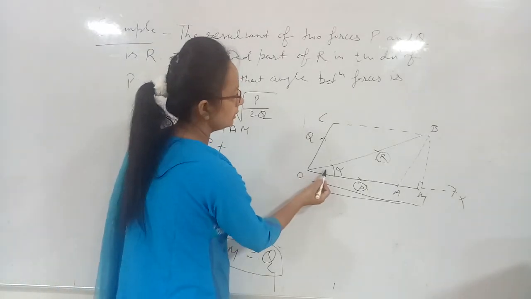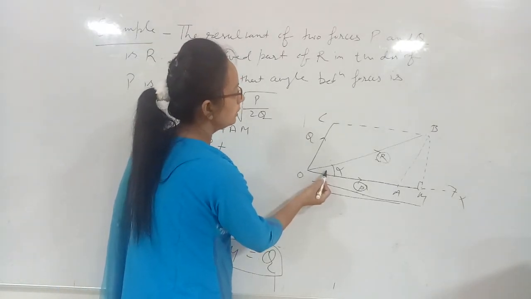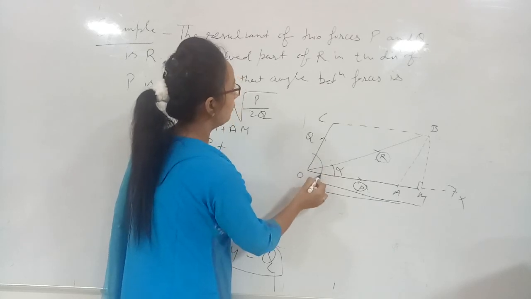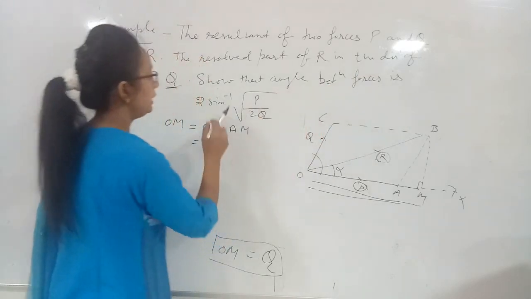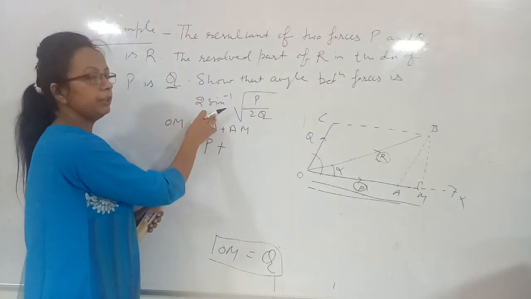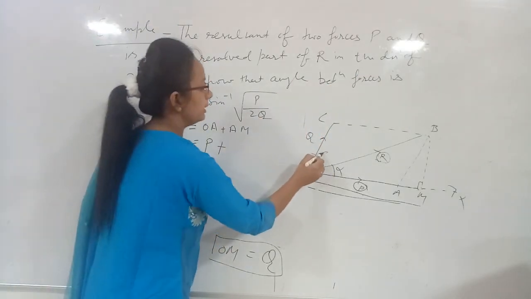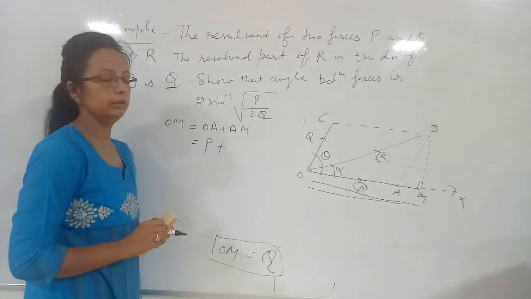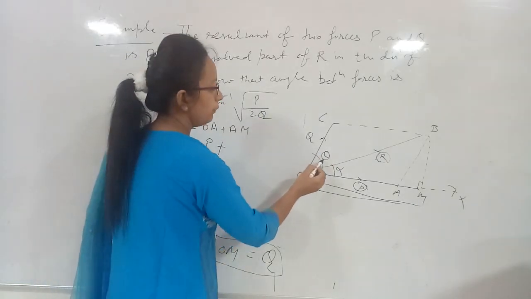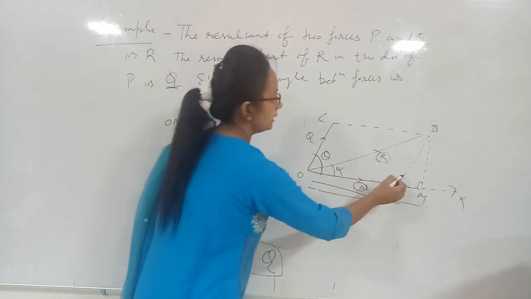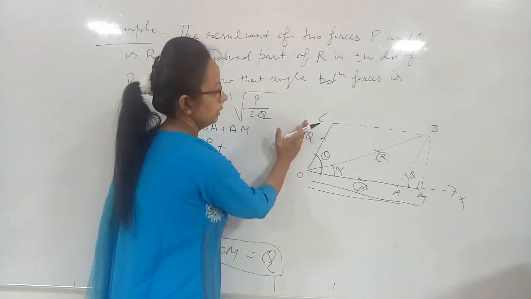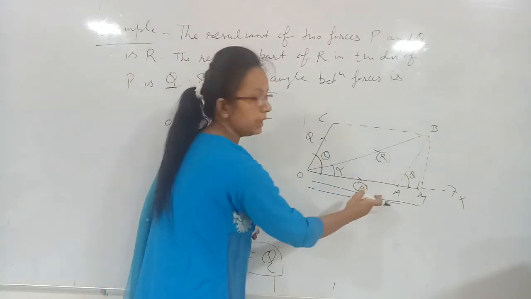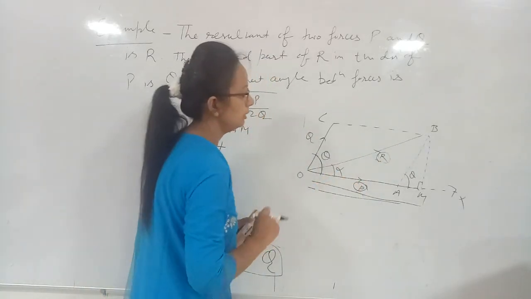This angle is alpha. We have to show the angle between the forces. We have to prove that the angle between the forces is this. So let that angle be theta. And if this angle is theta, then this angle is also theta. Why? Corresponding angles, because OC is parallel to AB. So this is theta and this is also theta.